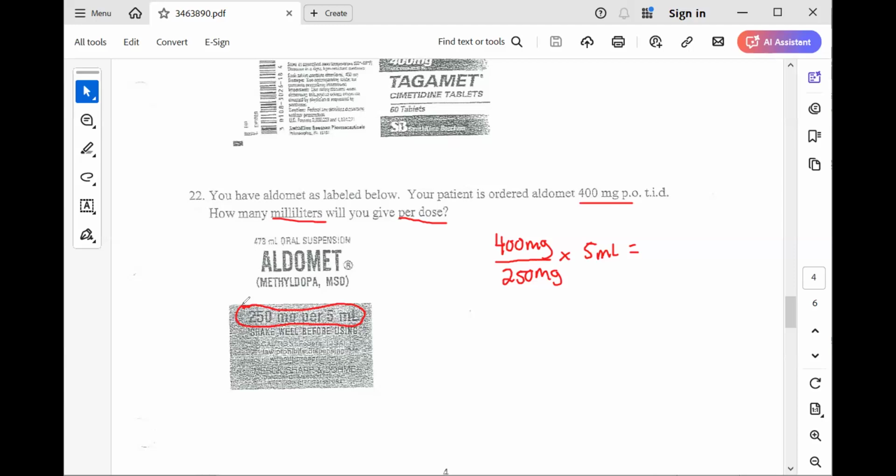But let me plug this into my calculator because this is one that I'm not gonna be able to do in my head. So I'm gonna take 400 times 5, which is 2,000, and divide by 250. I get an answer of 8 milliliters.